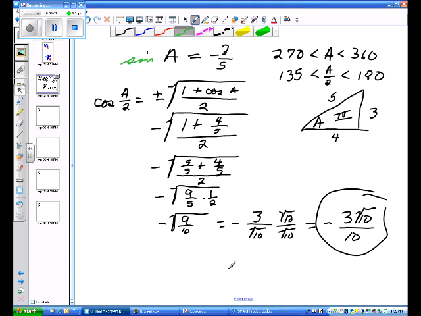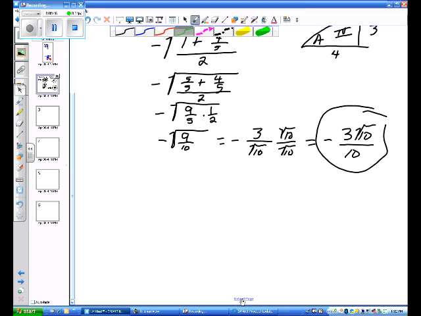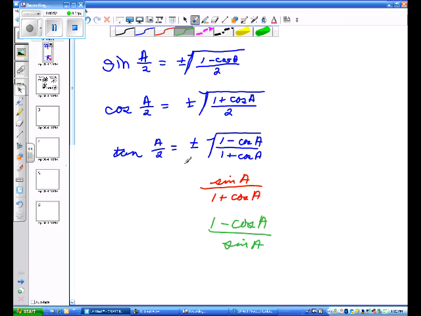Now let's say that we wanted to find the tangent of that same angle. So on the tangent, if you remembered, we had 3 different formulas that we could use. And probably one of the ones without the radical would be easier.